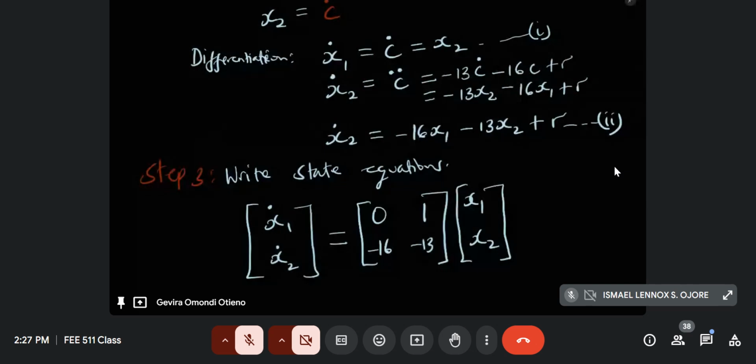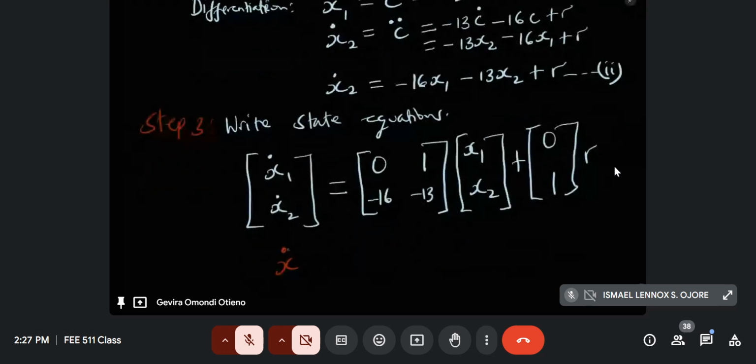Of course, we have R, so we have to add it. And R does not appear in the first equation. It only appears in the second equation, and its coefficient is 1. So then we make that equal to R. Please remember that even R in itself is a vector. So we are having the typical equation that we said was the representation, the state equation.